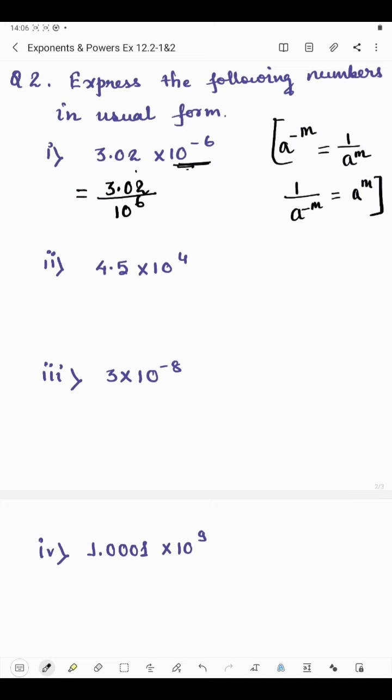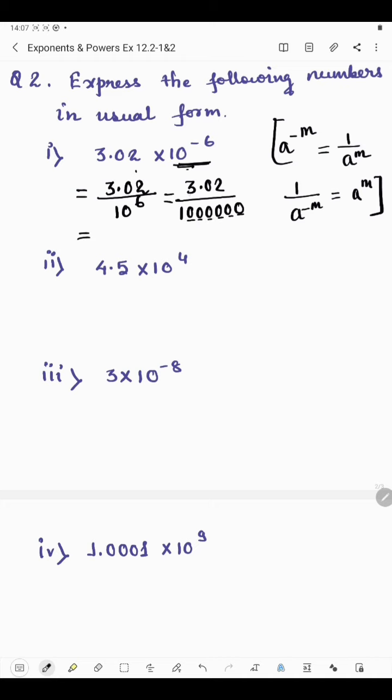Okay, now 10 to the power 6 means we have 6 zeros with 1. 1, 2, 3, 4, 5, 6. Okay. Now we will shift the decimal according to the zeros. Always remember, if zeros are there in the denominator, the decimal is to be shifted to the left, because when we divide something, numbers get smaller. So here 1, 2, 3, 4, 5, 6.